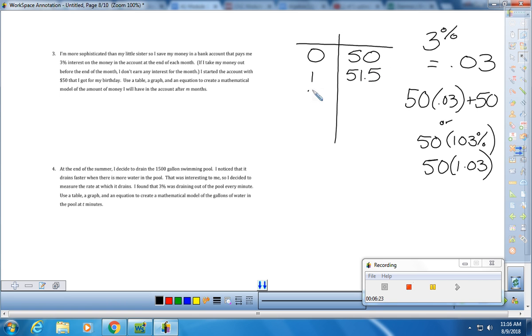And after 2 months, I'm going to multiply the previous month times 1.03, and now we have 53.05. I rounded to the nearest cent, and we're going to multiply that by 1.03, and after 3 months, I'll have 54.64.